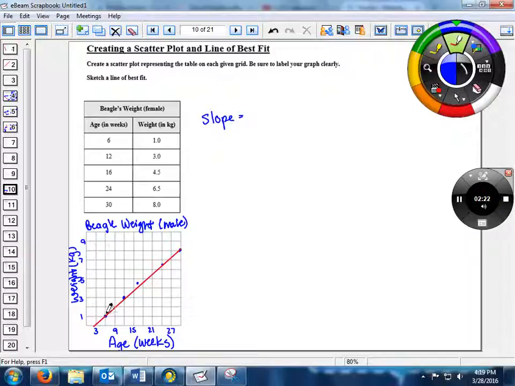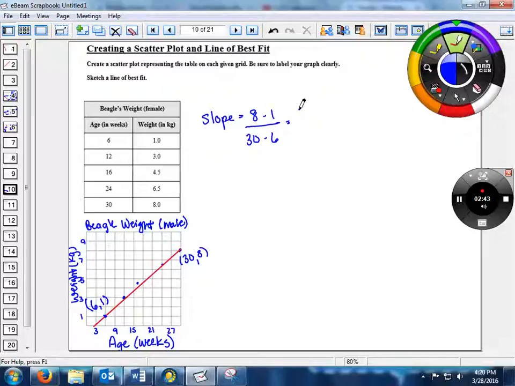So I know for a fact that this coordinate here of 6, 1, and this coordinate here of 30, 8, are on my line, so I'm going to use those two as my coordinates. So let's do 8 minus 1, that's my y, over 30 minus 6.